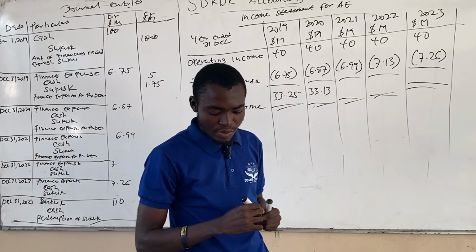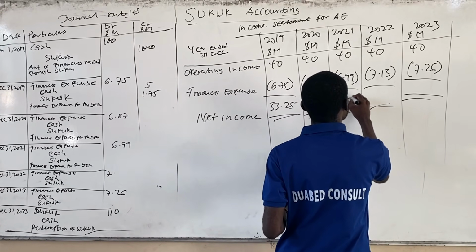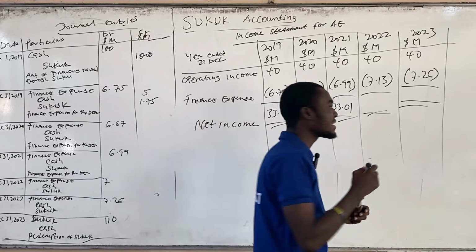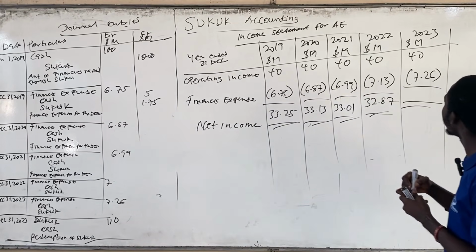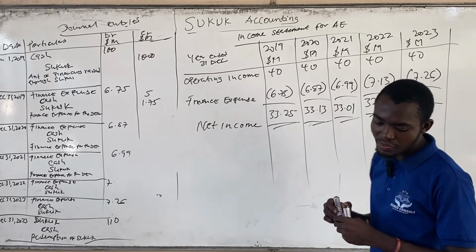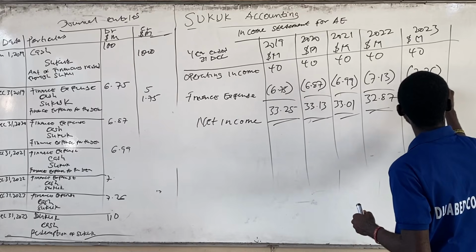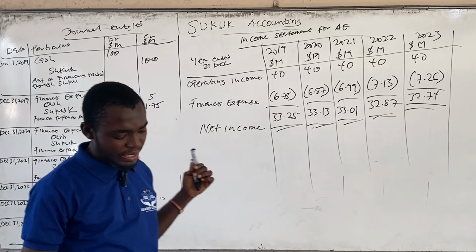And then for 2021, it will give us 33.01. And then for the fourth year, it will give us 32.87. And then for the last year, the difference between these two figures will be 32.74. So this is how the income statement will be.